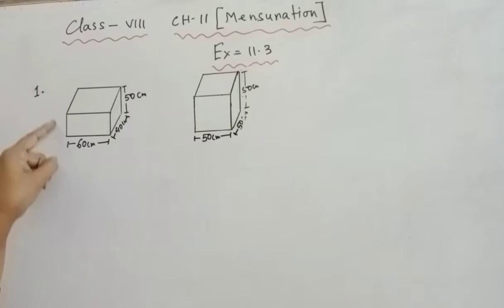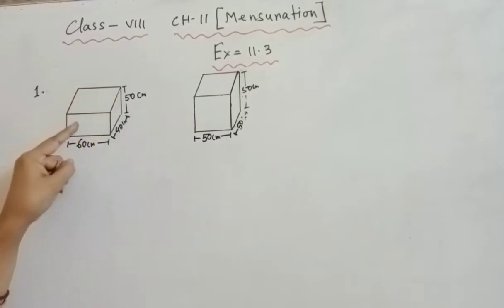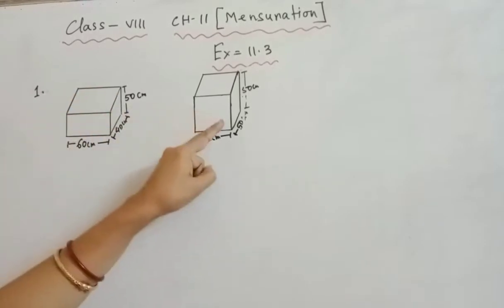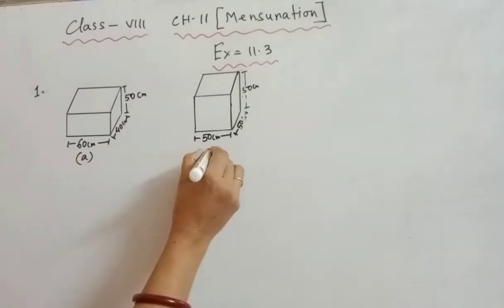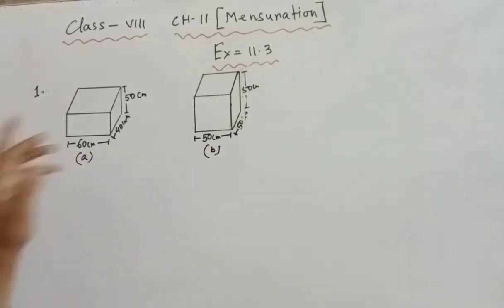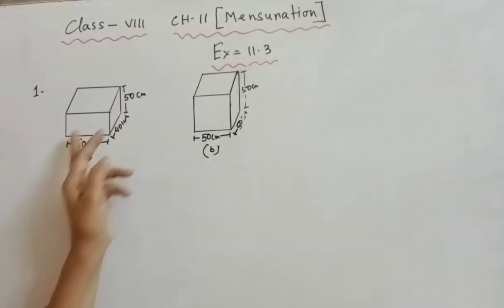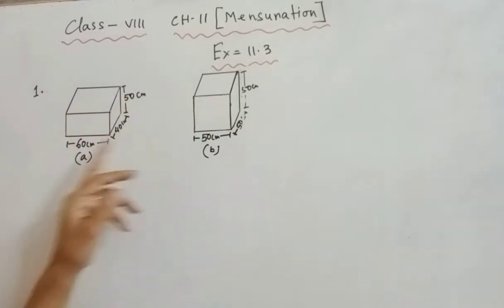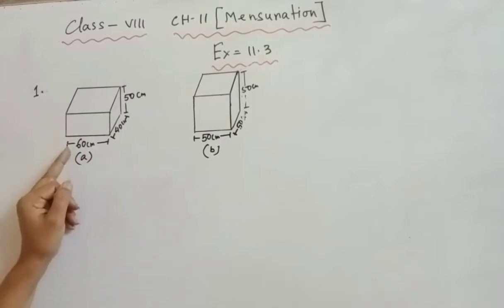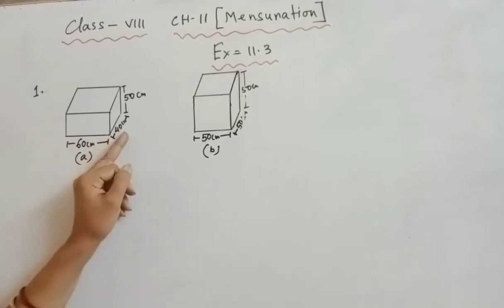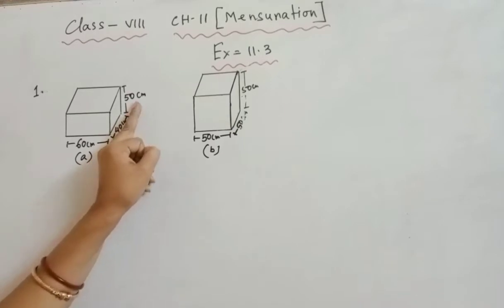You need to find the material required to make this box, and the first box, say it is A, and the second box, say it is B. You have to find the total surface area. That means you have to find the total surface area of the two boxes where the dimensions are given. For the first box, it is given length 60 centimeter, breadth 40 centimeter, and height 50 centimeter.